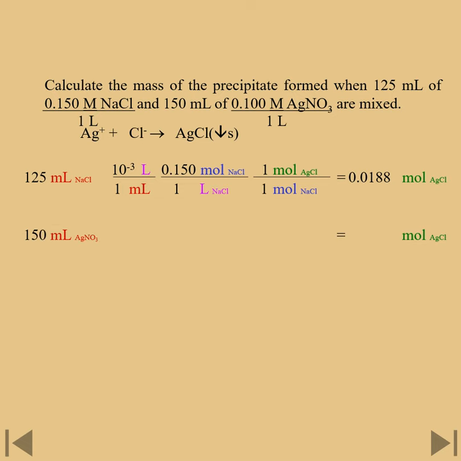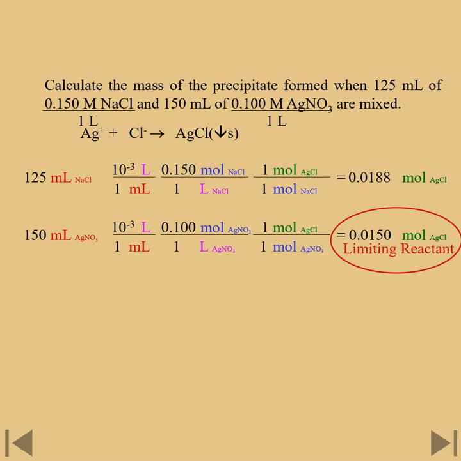We're going to start with that volume of silver nitrate, and then from milliliters of silver nitrate to liters, just like above, so we can go from liters to moles, and then from moles of silver nitrate to moles of silver chloride. 1 milliliter, still 10 to the negative third liter, and this time that's 0.100 moles of silver nitrate per liter of solution, and a 1-to-1 ratio of moles, or 0.0150 moles of silver chloride from the silver, 0.0188 moles from the sodium chloride. The smallest amount is the max amount.